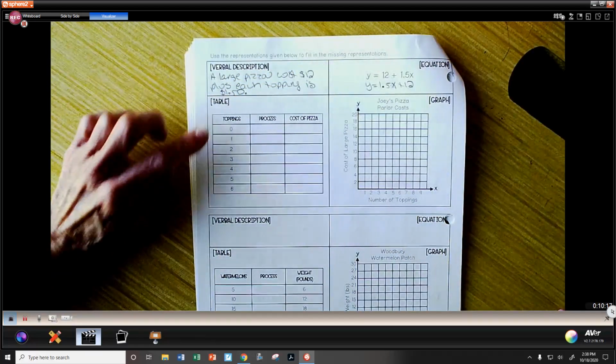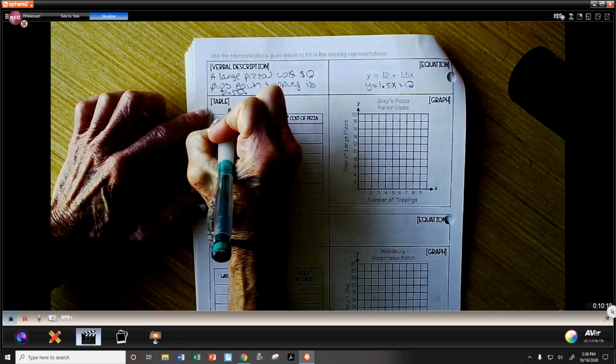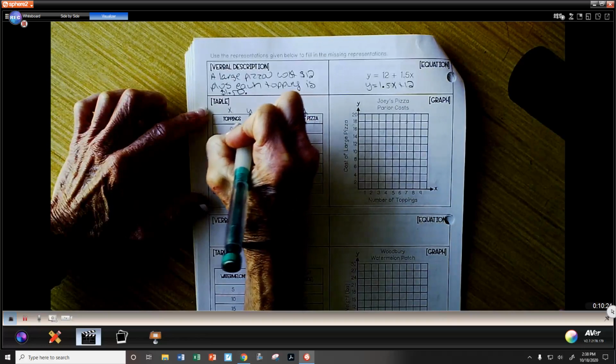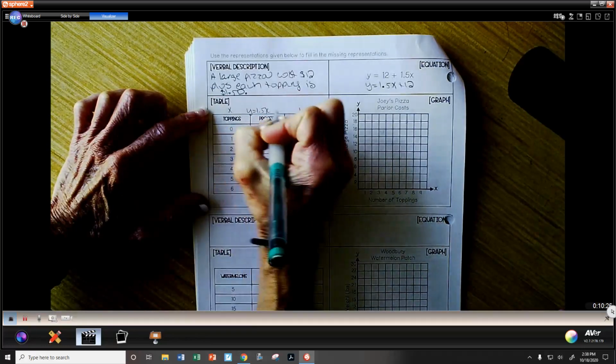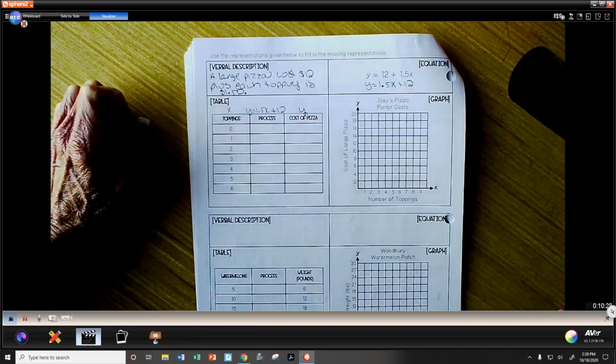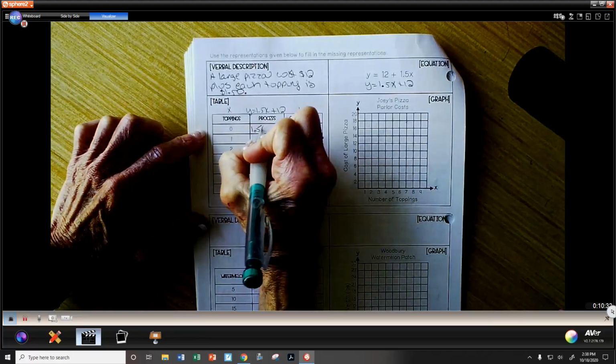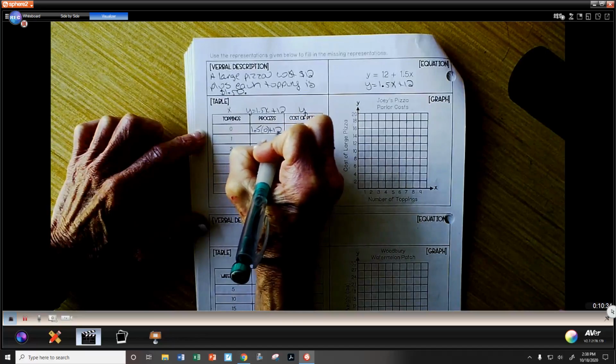Okay, so now we can plug it in just like we did last time, x, y, and we write our equation. y equals 1.5x plus 12. So now I'm going to figure this out. 1.5 times 0 plus 12.